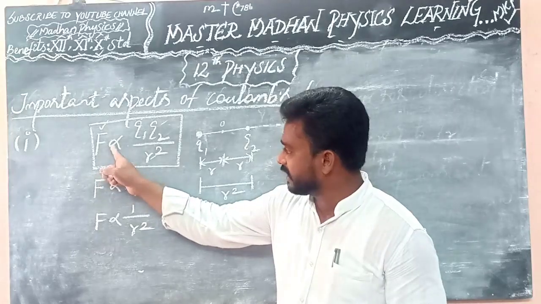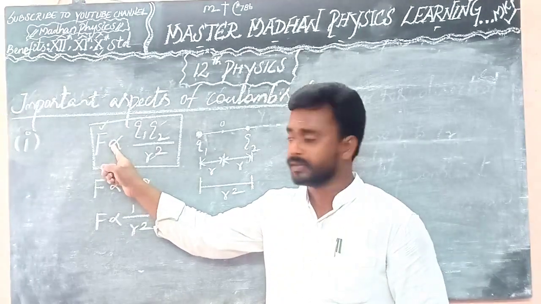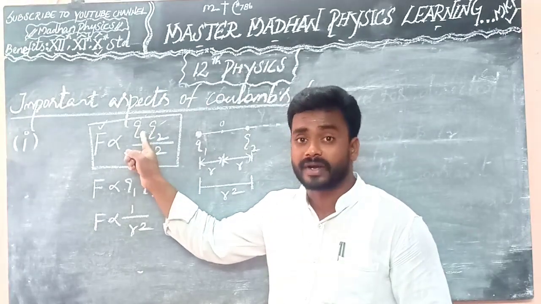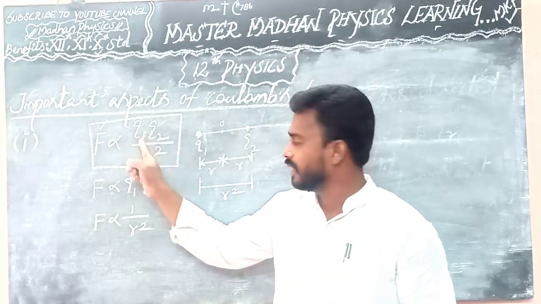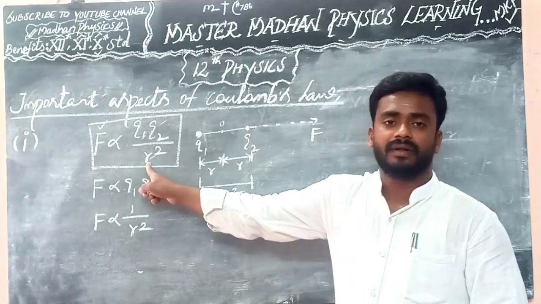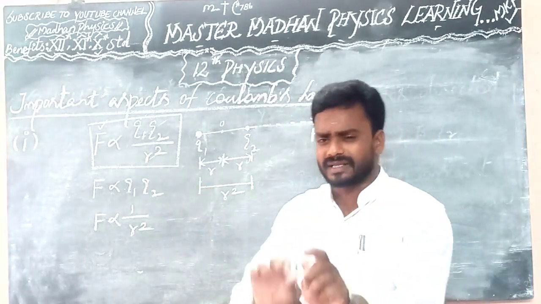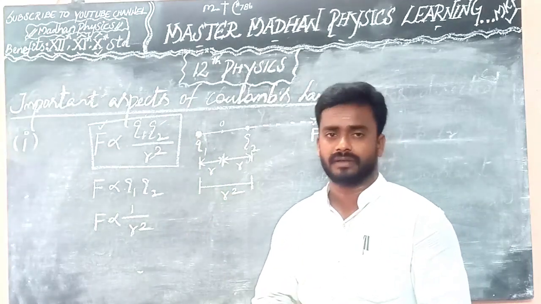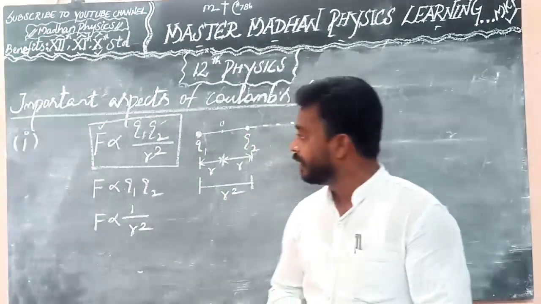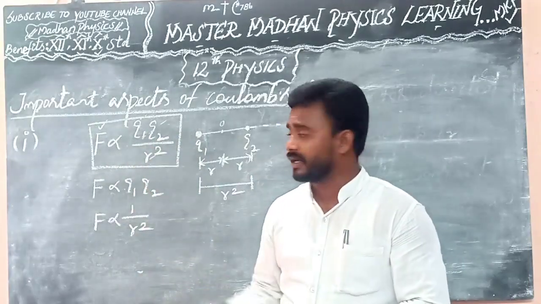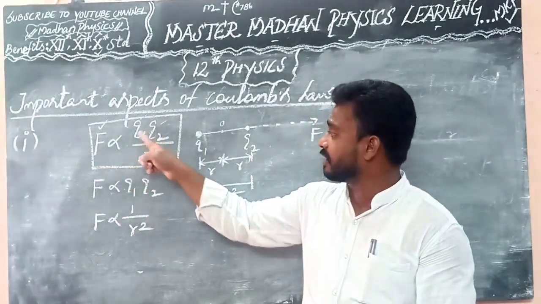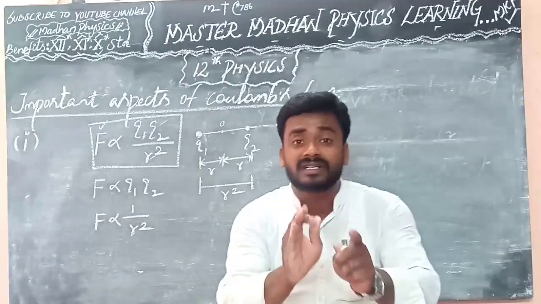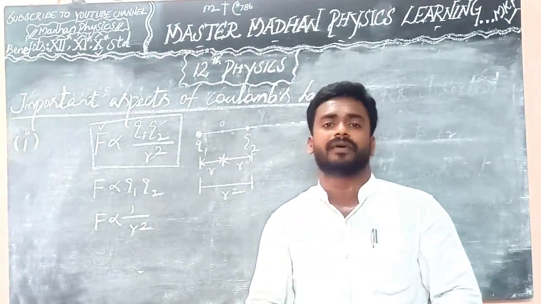Force is directly proportional to the product of these two charges. This R, that is R square, is the distance, which we know very well. So how can we form the statement for Coulomb's law? Coulomb's law states that the force of attraction or repulsion between two point charges, that is very important.